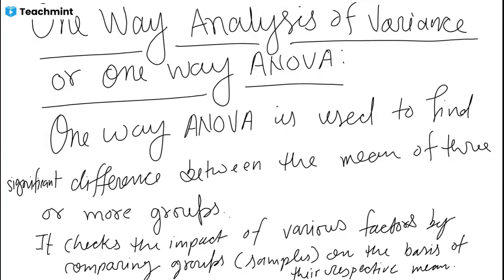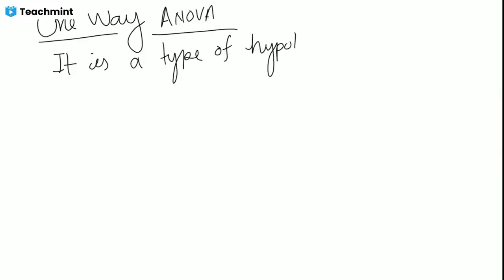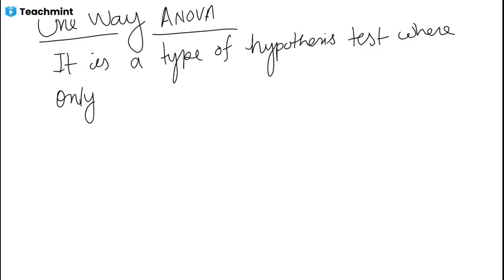So let us know how we'll test it. One way ANOVA is a type of hypothesis test where only one factor is considered.